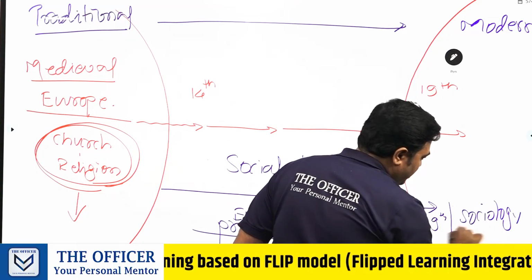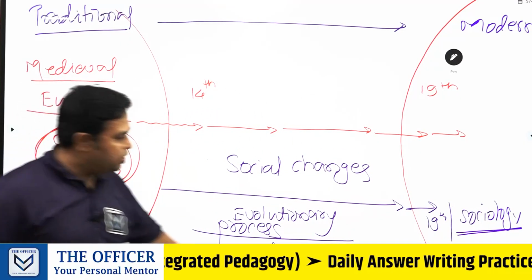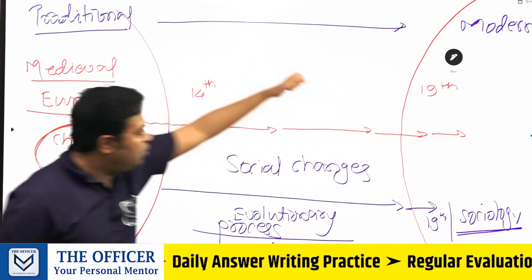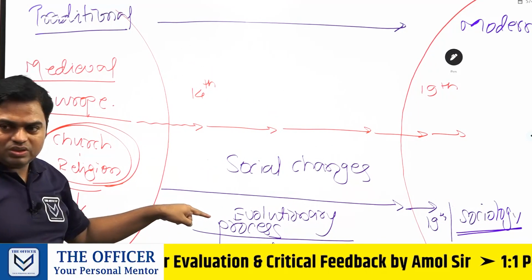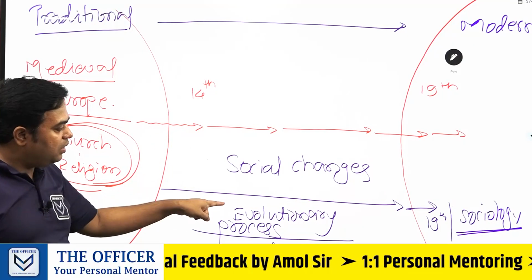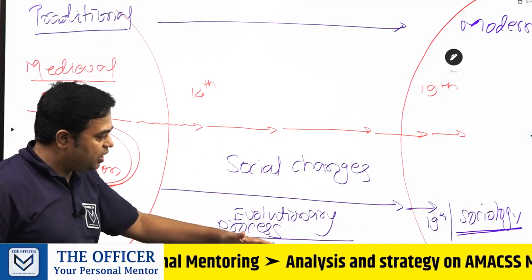sociology emerged as a separate social science which largely focuses on the whole process: how these social changes happen in European society, why they happen, what was impacted, what has been changed.